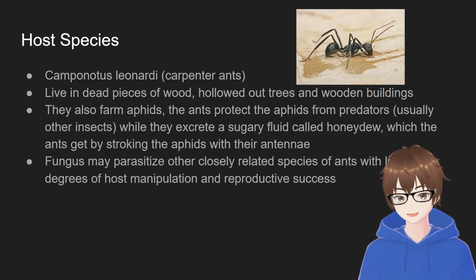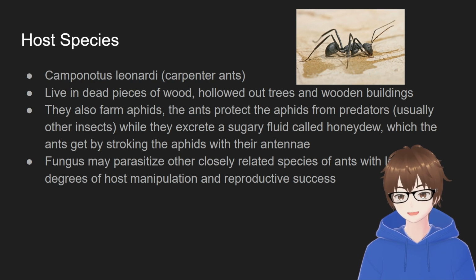They'll pinch into the leaf and start eating the fluid. So the ants will protect these aphids from predators, while the aphid excretes a sugary fluid called honeydew. This honeydew is then eaten by the ants. So the ants will stroke the aphid, which then causes them to secrete this honeydew. So pretty cool that ants actually farm.